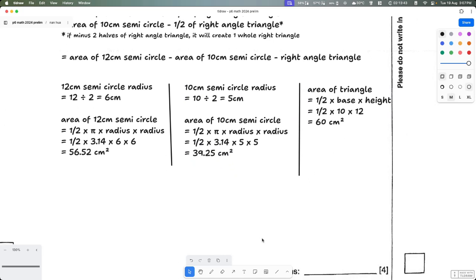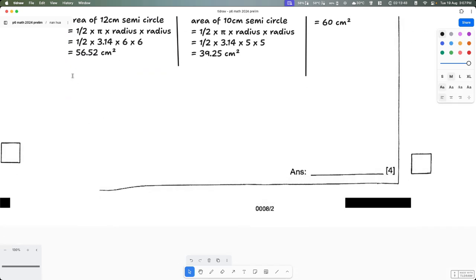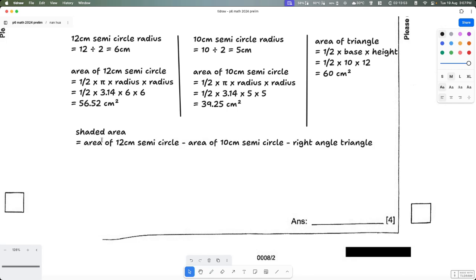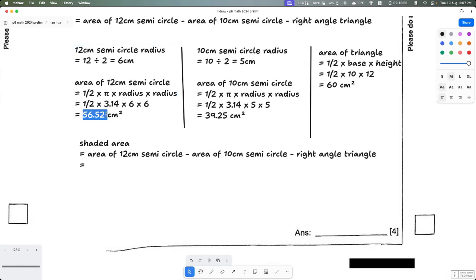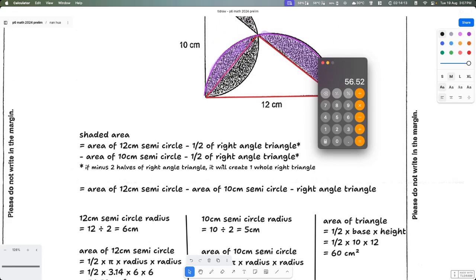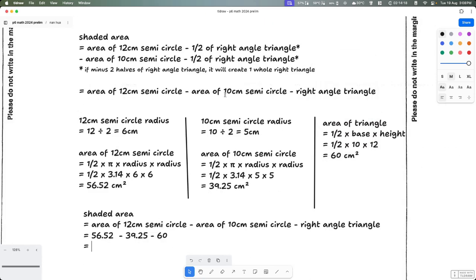So now to calculate the shaded area, it is equal to 56.52 minus 39.25 minus 60. Let's see what that gives us. Or wait, we need to add, not subtract.